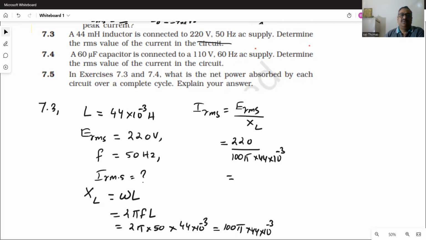So you take 10 to the power minus 3 to the numerator, 2 into 10 raised to 3 divided by 100 pi. 44 into 100 pi. So you can cut 44 two times, 22 one time. So it is 10 in the numerator. Then you can simplify. You have to find the value of the current.